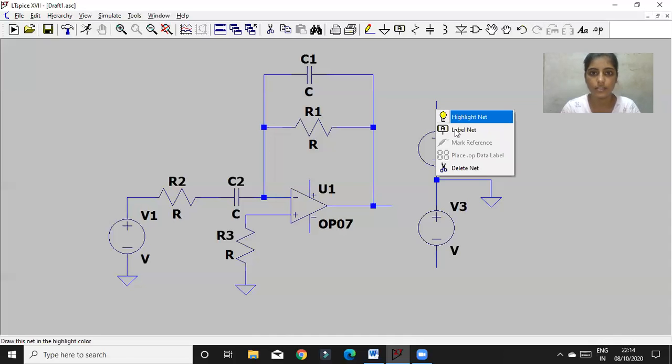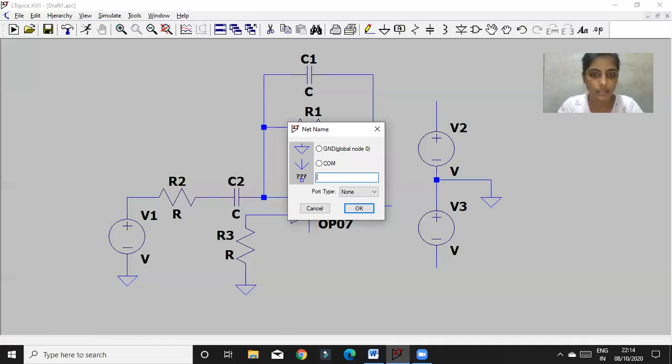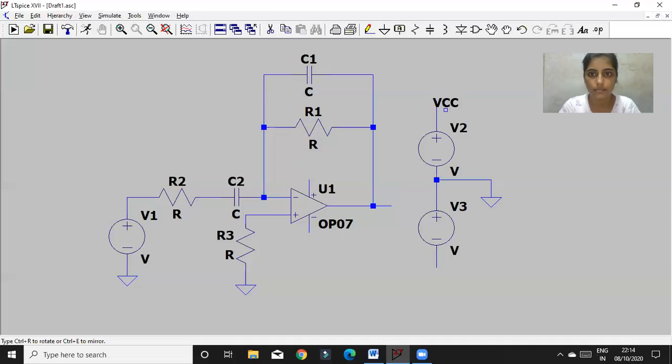I label this VCC. Now I'm going to change the name.